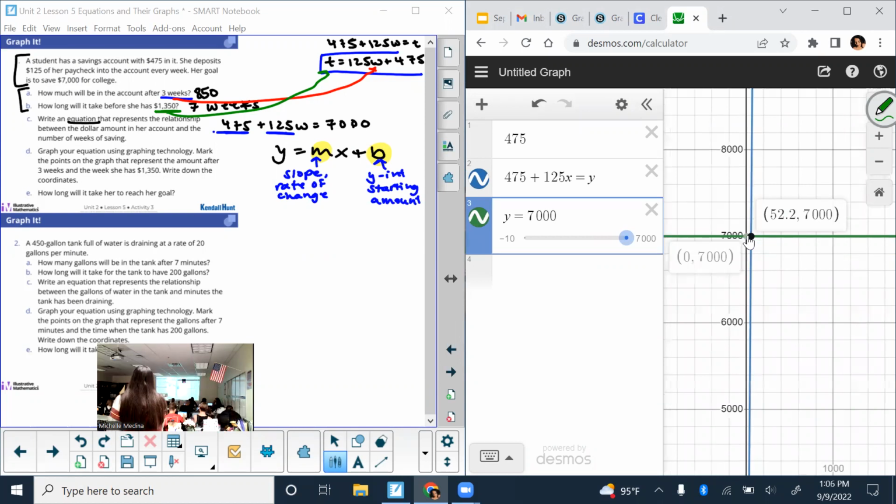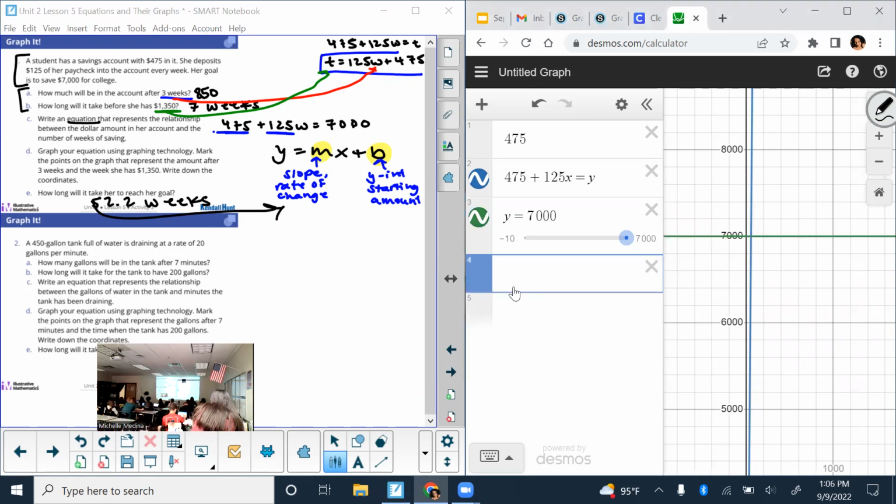So the answer might be in decimal form, 52.2. So that's how long it takes her to reach her goal, 52.2 weeks. But what if your answer choices are in whole numbers? What would be the accurate answer? Would it be 52 or 53? 52. Well, think about it. At 52 weeks, this is how much money she has.